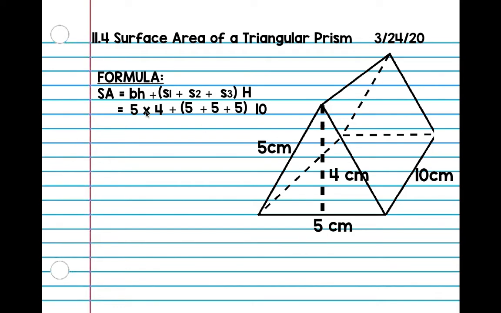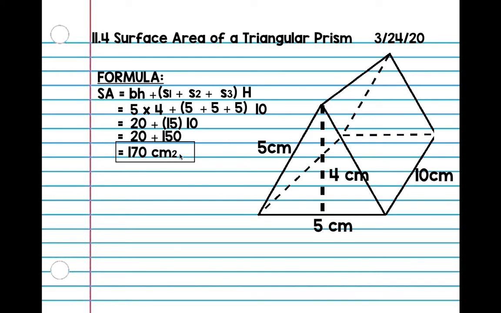All right, so we have 5 times 4, which is 20, plus 5, 10, 15, times 10. Did everyone get that? Okay, so go ahead and solve. Don't forget order of operations, so 15 times 10 is 150. So 20 plus 150 equals 170 centimeters squared.